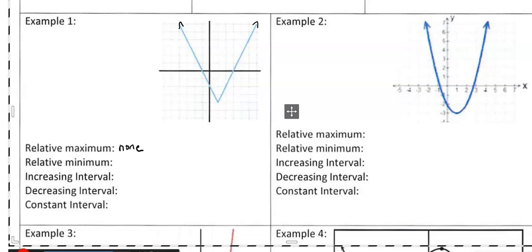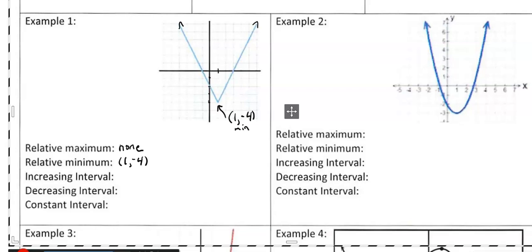A relative minimum, however, you can see there's a lowest point here. I look over and it's 1 in x, and down 1, 2, 3, 4, so -4. That point 1, -4 would be the minimum. So a relative minimum would be at 1, -4.